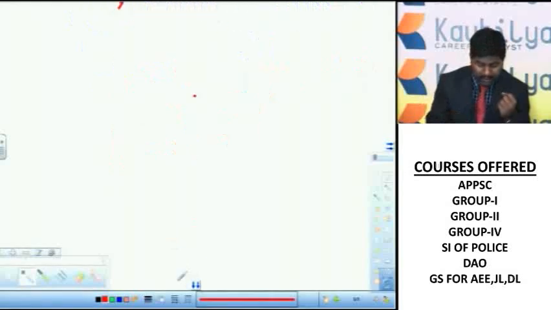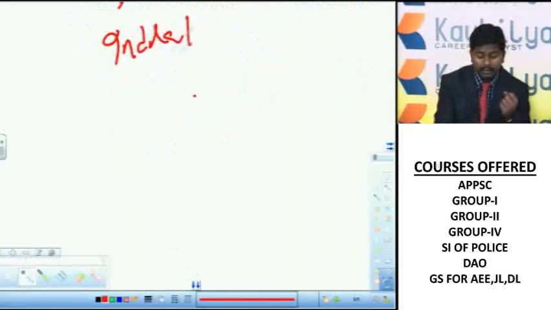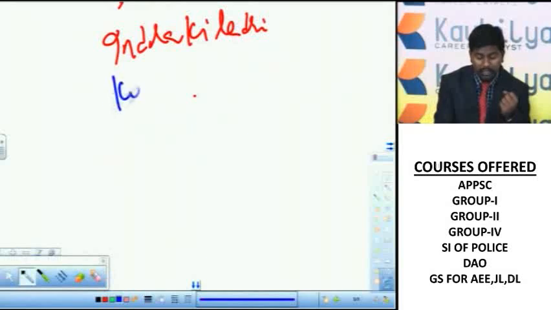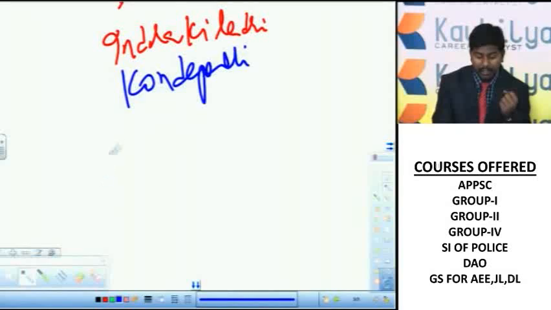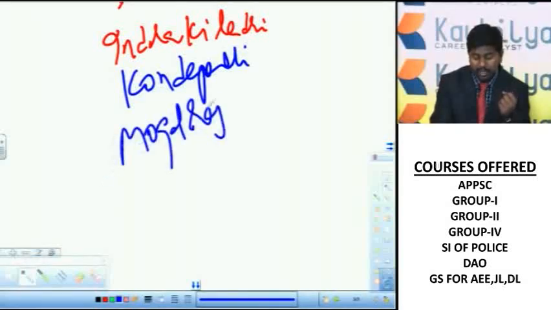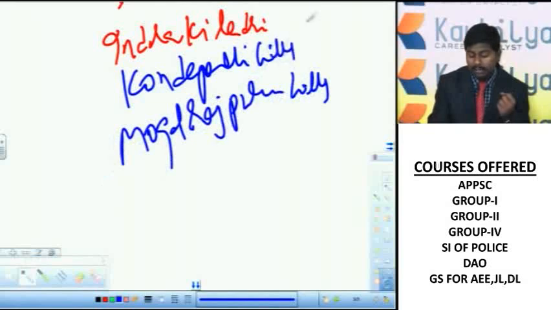Then these are called Indrakiladri, Kondapalli Hills and Mogalrajapuram Hills in Krishna district.